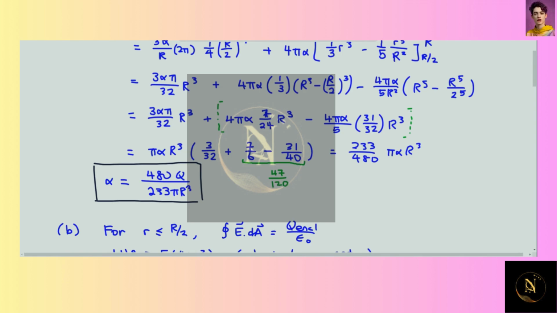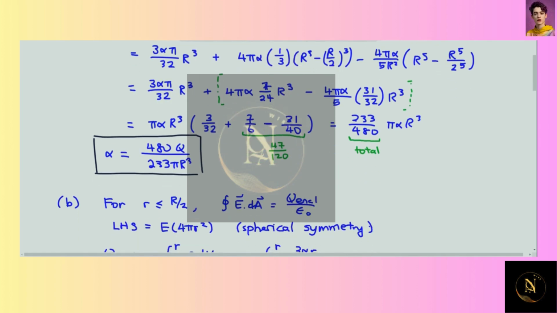And then this is the total, right? That's why when I'm asked to find a fraction of the total charge in part C, it is 47 divided by 120 here, divided by 233 over 480.